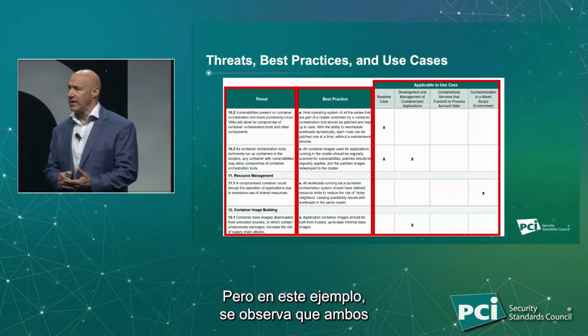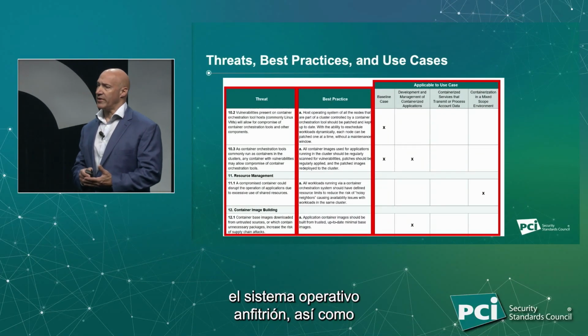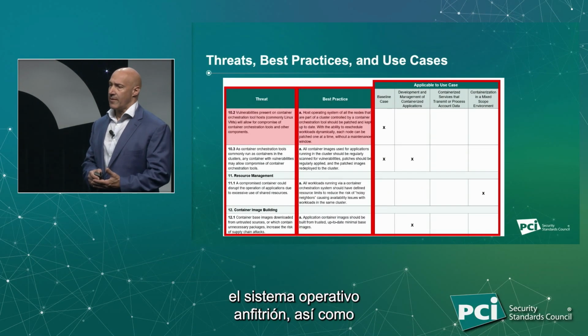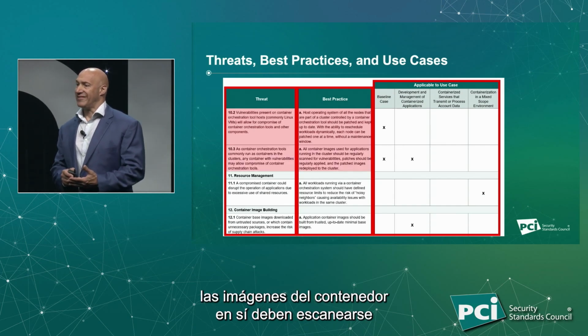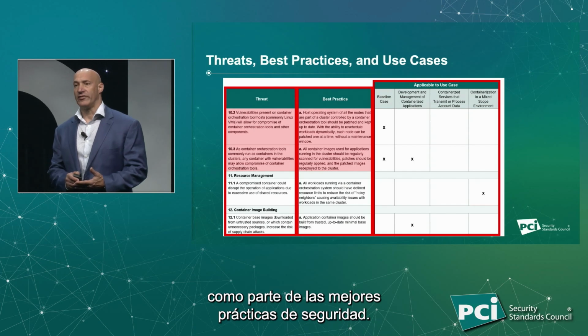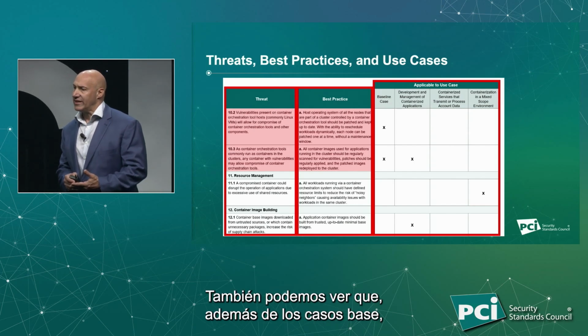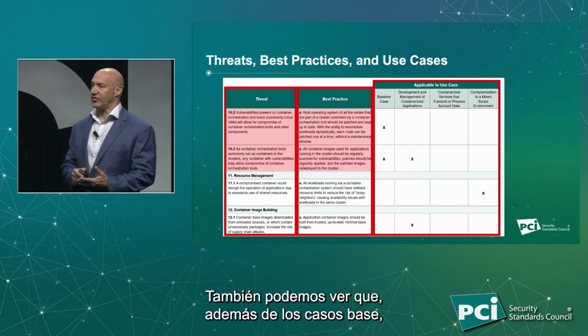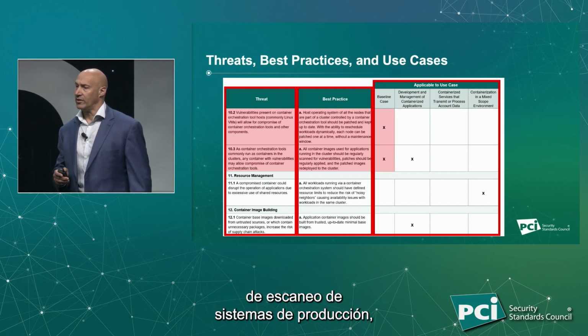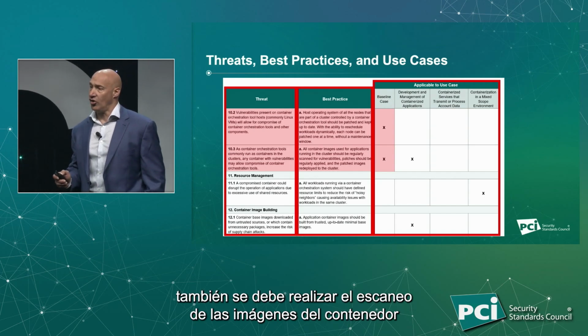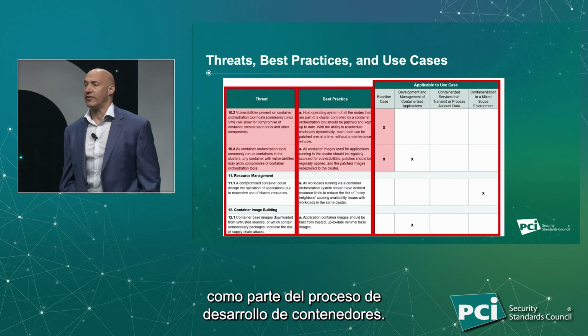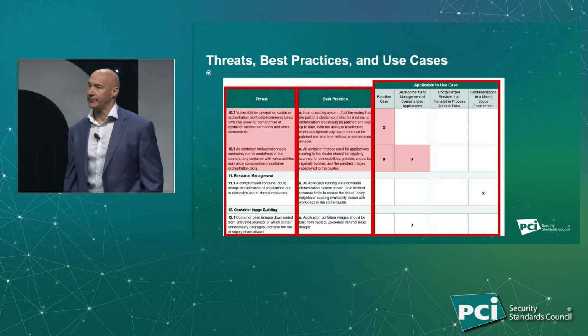But in this example, it's noted that both the host operating system as well as the container images themselves should be scanned as part of the security best practices. We can also see that in addition to the base cases of scanning of production systems, scanning of container images should also be conducted as part of the container development process.